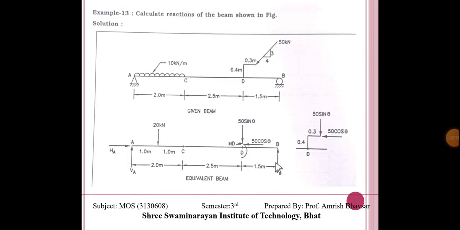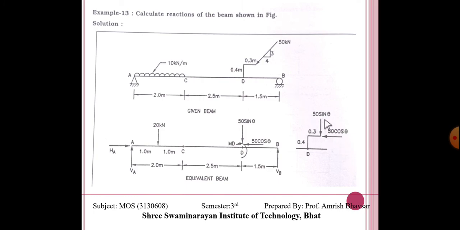This is another case. Calculate the reaction of the beam shown in the figure. So here first we have to calculate the equivalent force couple system for this, and that we understood in our previous chapter, that is coplanar non-concurrent forces. So the components of these two are acting somewhere over here, 5 sin theta and 5 cos theta.